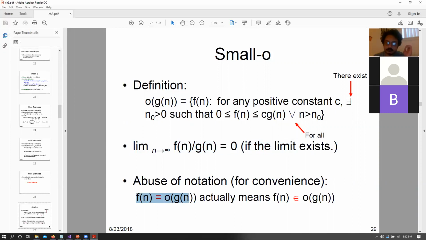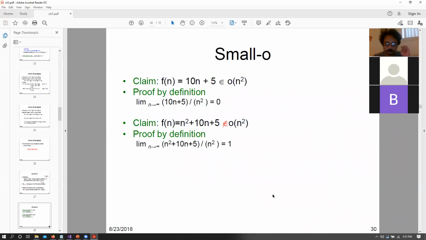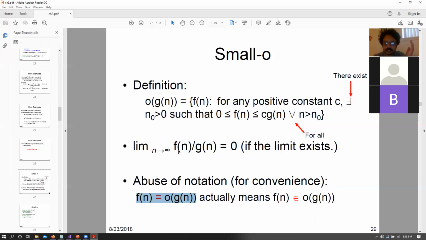When we say f of n belongs to little o of g of n, we mean that it is a function that belongs to that class. So our limit equation says the current function divided by the approximating function g of n has to be equal to 0. That is the condition for little o. That basically means that g grows much faster than our current function, right? For big O, remember it was greater than 0.